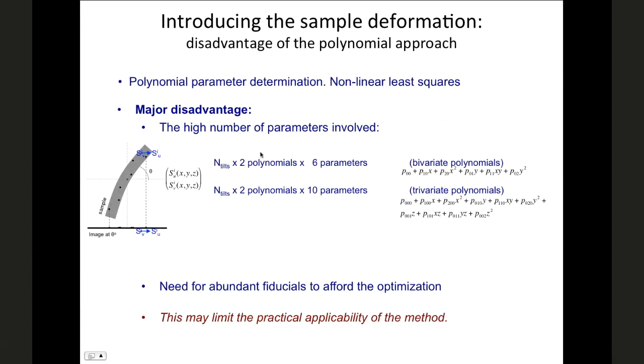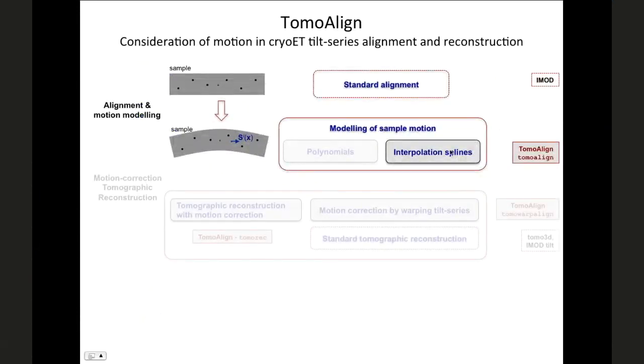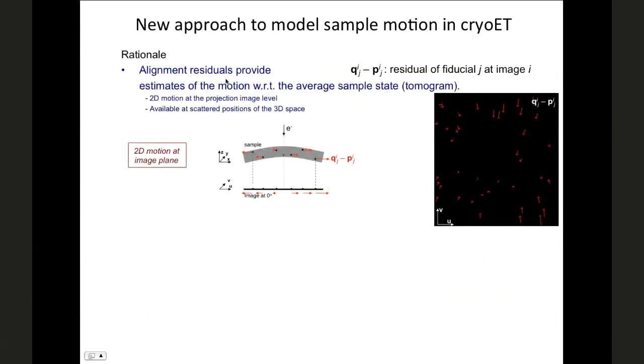We have two polynomials per tilt and 6 or 10 parameters each, which is a huge number of parameters, and we will need abundant fiducials to afford a reliable optimization, and this may, in practice, limit the applicability of the method. So we try to develop new alternative ways, and now I will describe it in the next one, which is, this is the rationale.